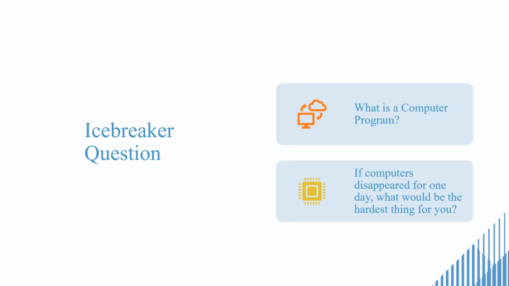For example, in the past we had cable phones, and calculators, everything separately. But now we have all in one, which is the computer, right? So if our computer disappeared for one day, we would still have alternatives.